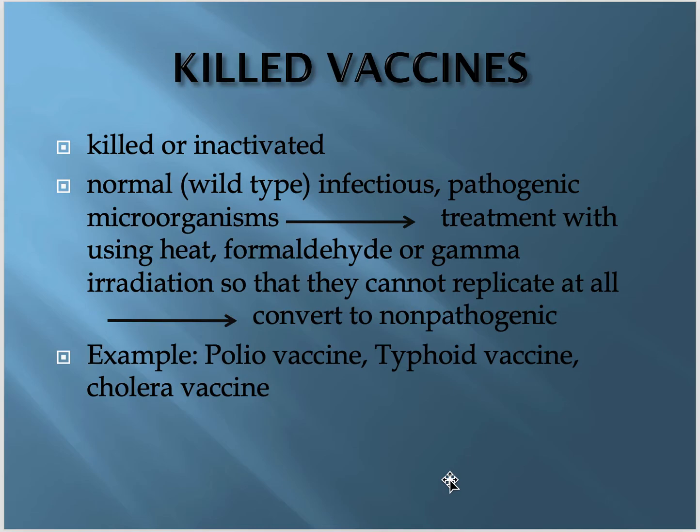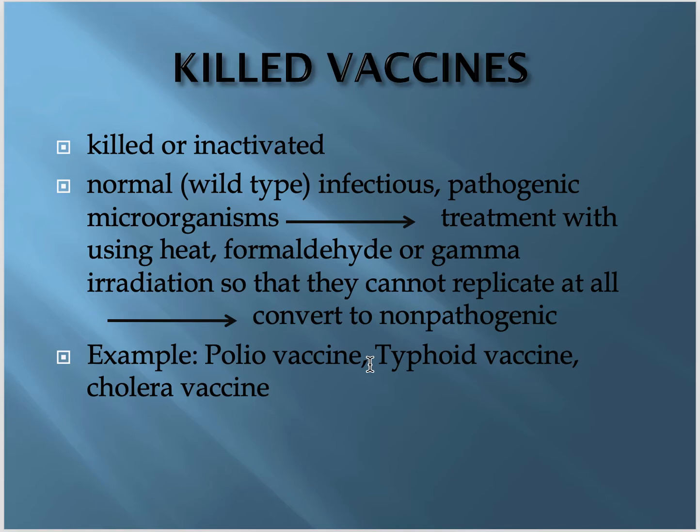In this case, the normal wild type infectious pathogenic microorganisms are used as vaccine, but before using them, they need to be killed or inactivated. This can be done by treatment with heat, formaldehyde, or gamma irradiation, so that they cannot replicate at all.